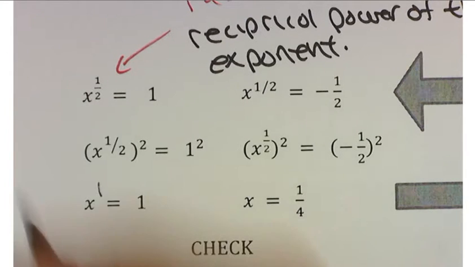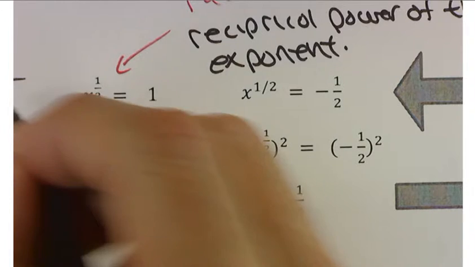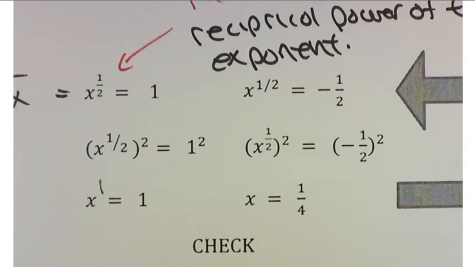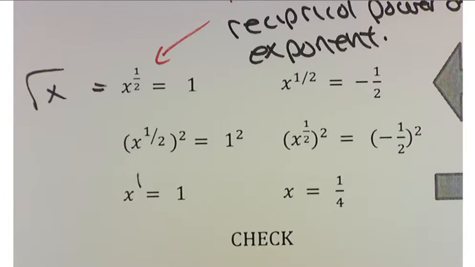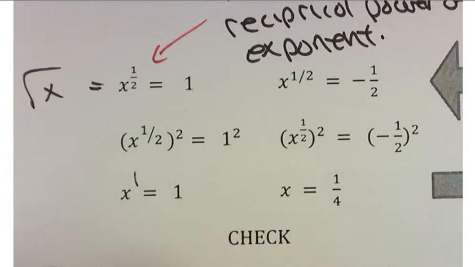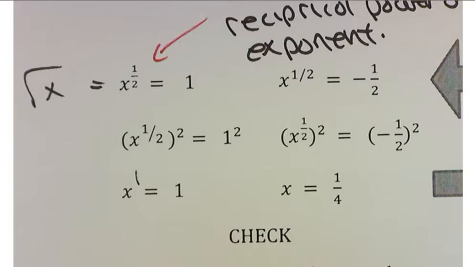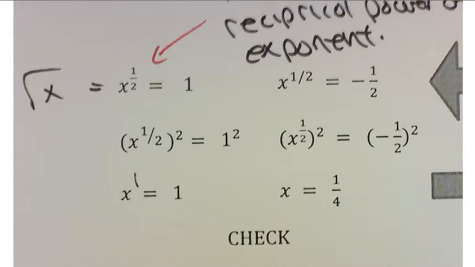Let's go back here with one little step. X to the 1/2 is also the square root of x. And just as a reminder, when you square both sides of an equation to solve it, do you remember what we did back in chapter 9? After you squared both sides of an equation to solve your radical equations, what did you have to do?